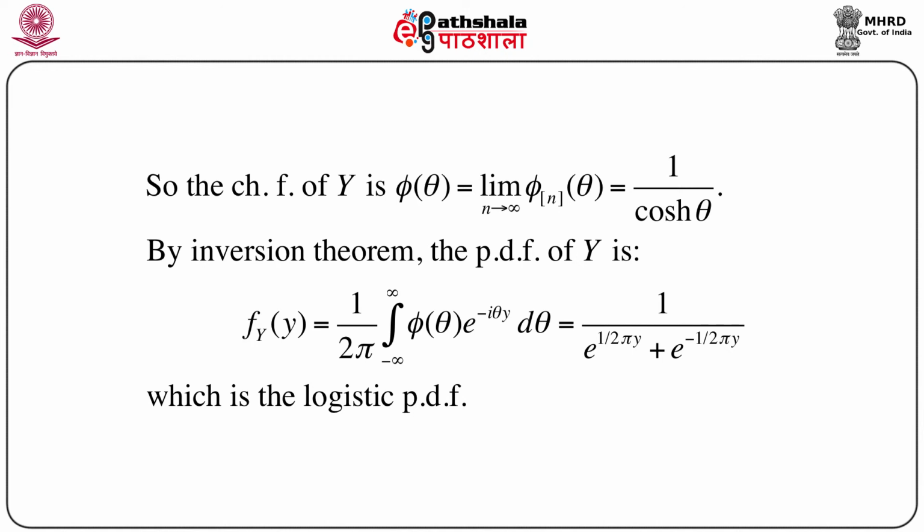So, the characteristic function of the limiting random variable Y is φ(θ), the limit as n goes to infinity of φn(θ), which equals 1/cosh θ. Now, by the inversion theorem, we can easily get the PDF of Y, because we know the continuity theorem and the uniqueness theorem of characteristic functions.